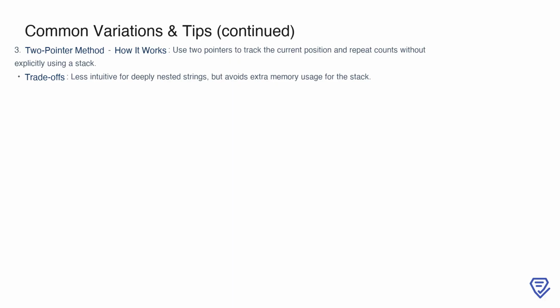However, it's less intuitive when dealing with deeply nested strings, as managing the state of the decoding process without a stack can become complex. Ultimately, this approach is best suited for scenarios where memory optimization is a priority, and the nesting depth is relatively shallow. By understanding these variations and their trade-offs, you can choose the most appropriate strategy based on the problem requirements and constraints.